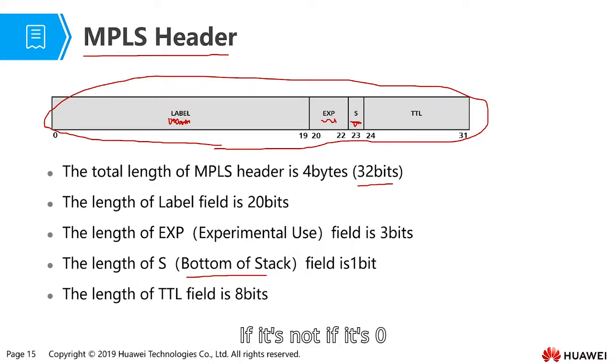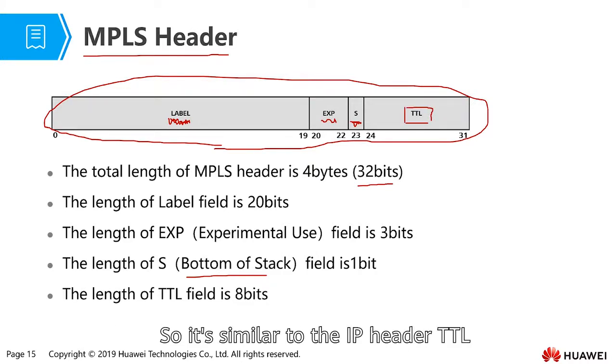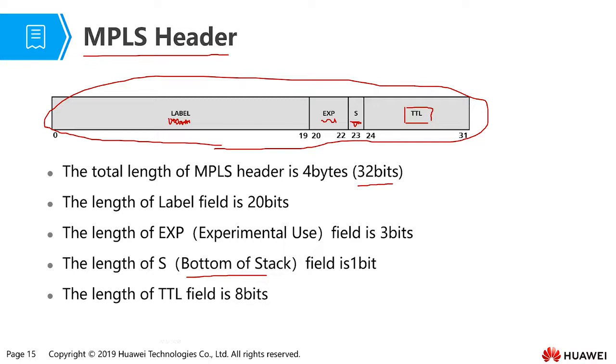If it's 0, it means we still have other MPLS headers after this header. The last field is TTL. TTL is used to prevent loops, similar to the TTL in the IP header.